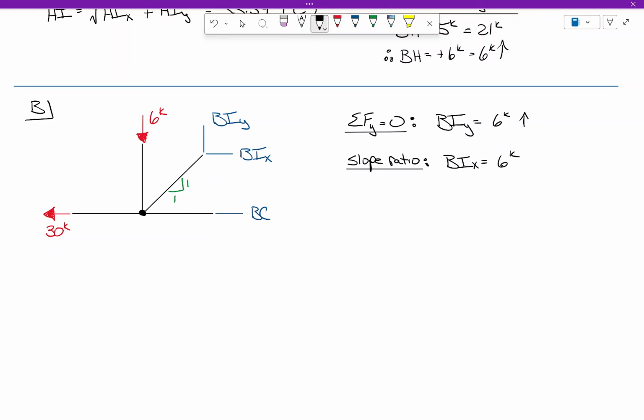Which direction? To the right. Do I have agreement? Okay. So tell me what to do next.